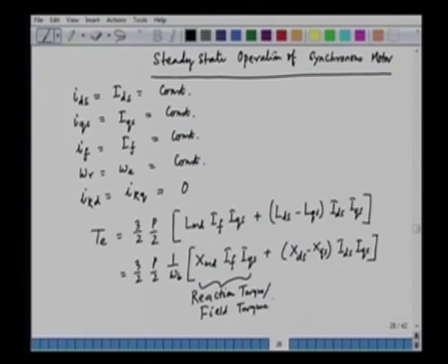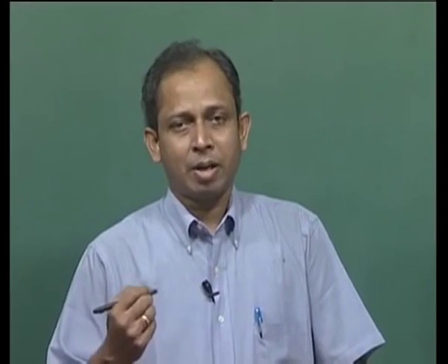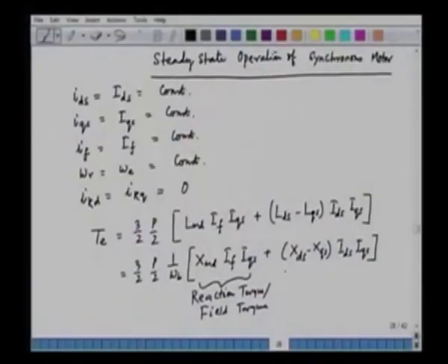What about the second term? The second term is an expression which has XDS minus XQS, and this is called the reluctance torque, because the torque is a function of XDS minus XQS.